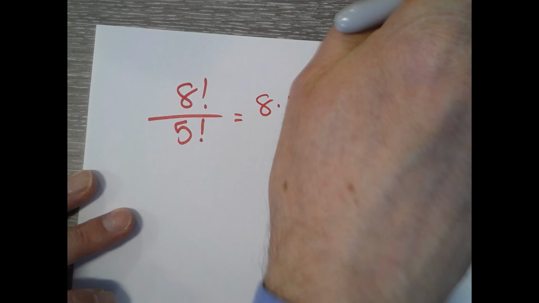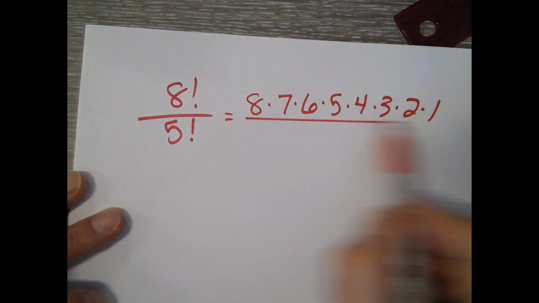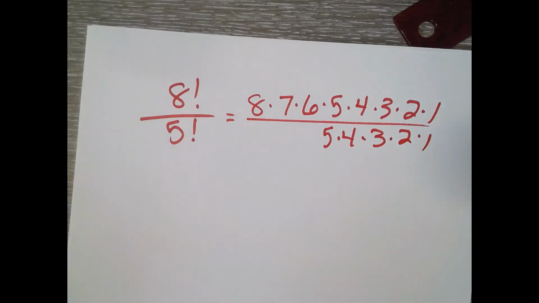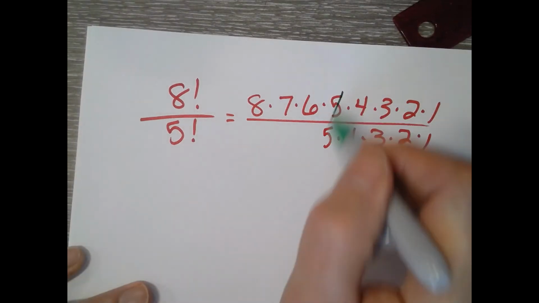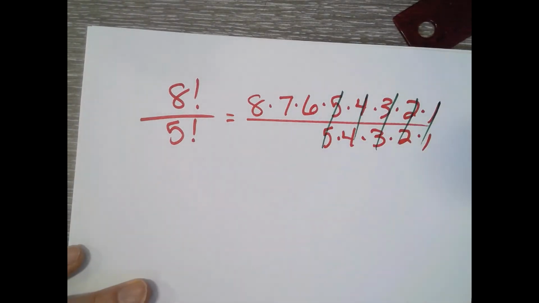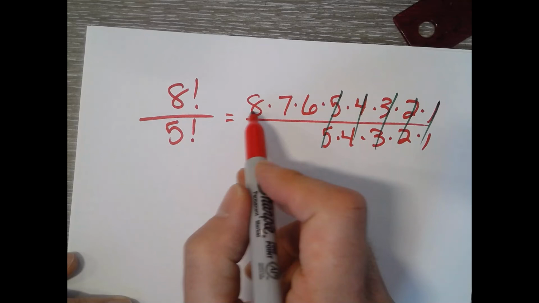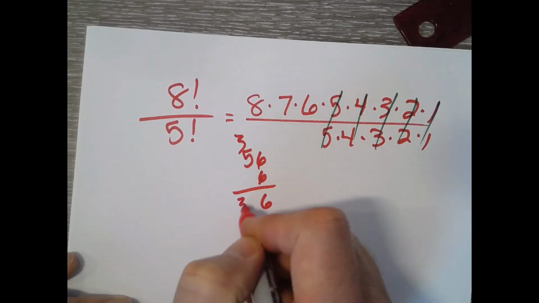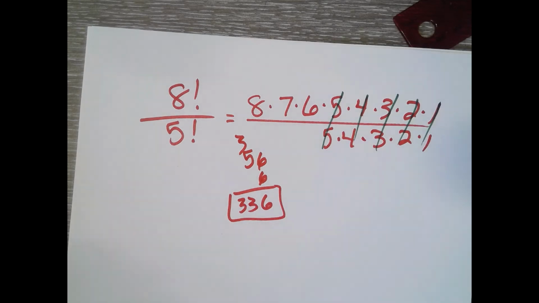Five factorial is 5 times 4 times 3 times 2 times 1. And we can see that all of these divide off to be just 1. So 8 factorial over 5 factorial, doesn't mean it's easy without a calculator, is 8 times 7, 56 times 6, 336. Okay?